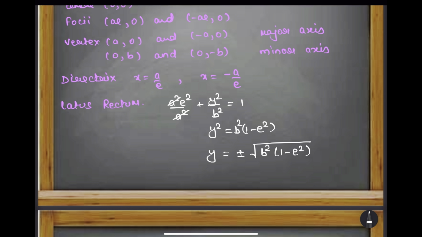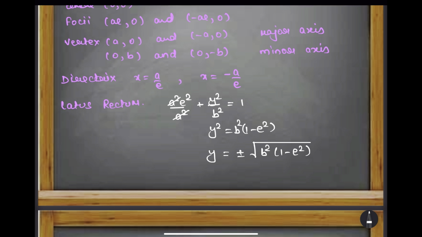Done. So you got both the coordinates, correct? So can I say that the length of latus rectum will become 2 times root over b square into 1 minus e square. No need to memorize, but go with the flow.